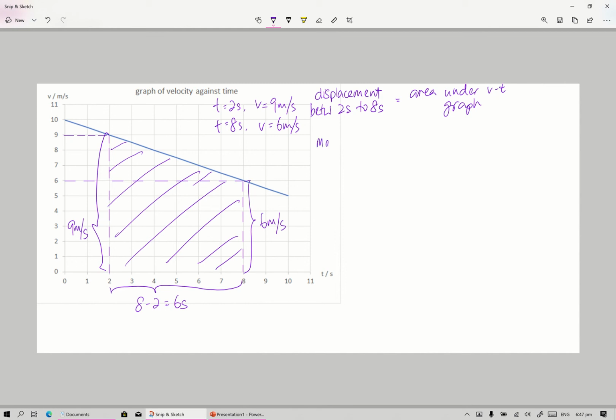So method 1, we're going to find the area of this trapezium, which is half the sum of parallel sides times vertical height. And that'll give us 45 meters.